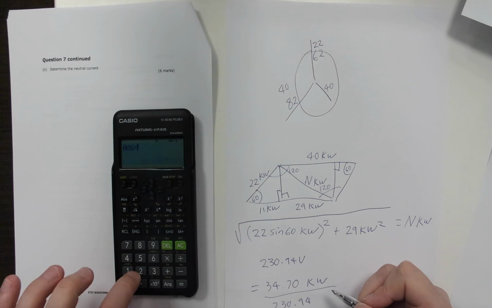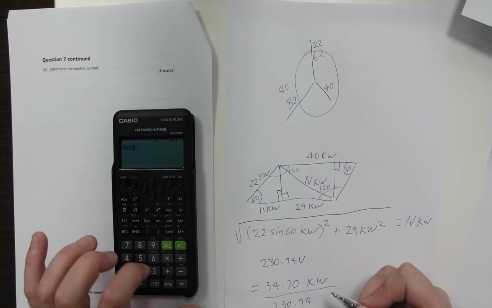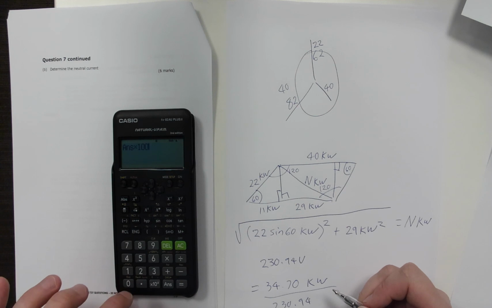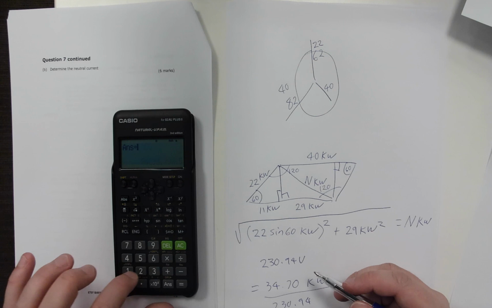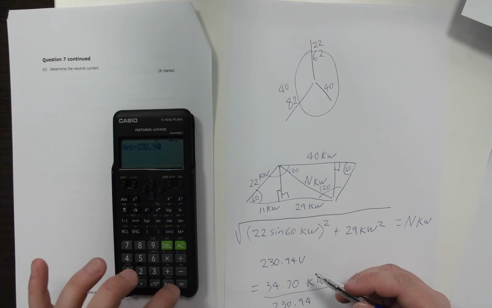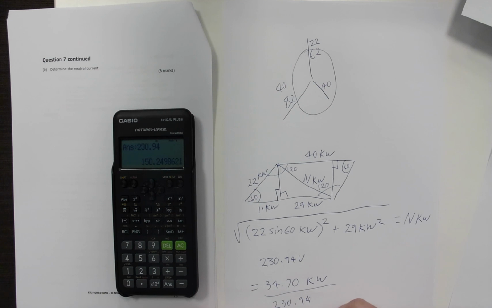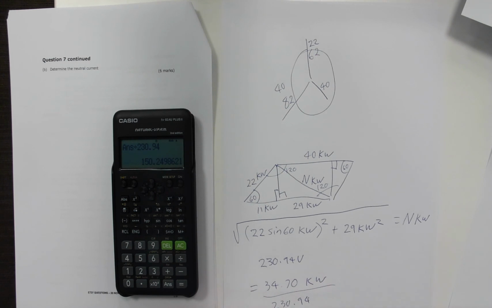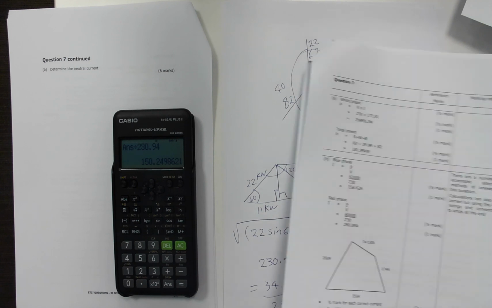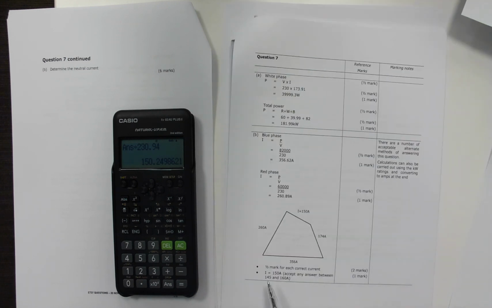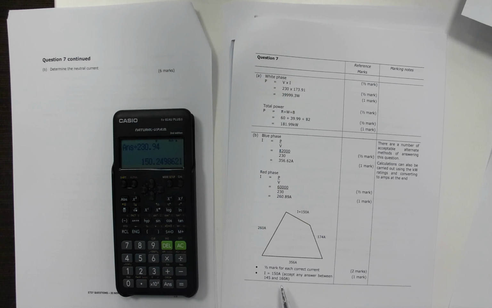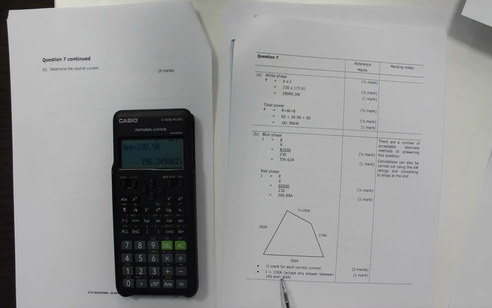So multiply it by 1,000 first, so that we're getting watts, and then divide by 230.94, and we end up with 150.249, so 150 amps.